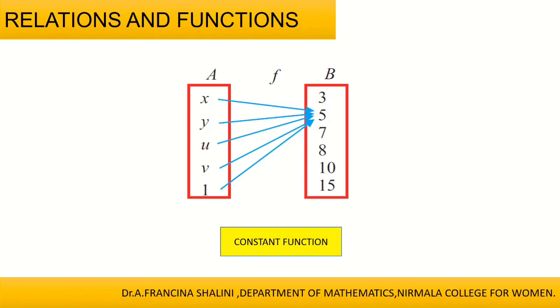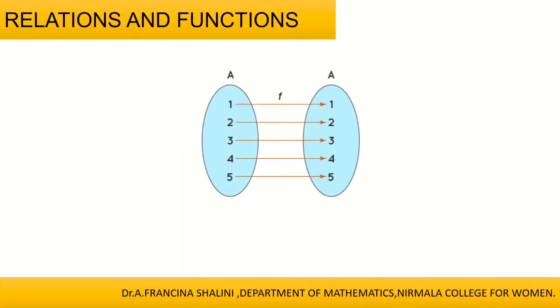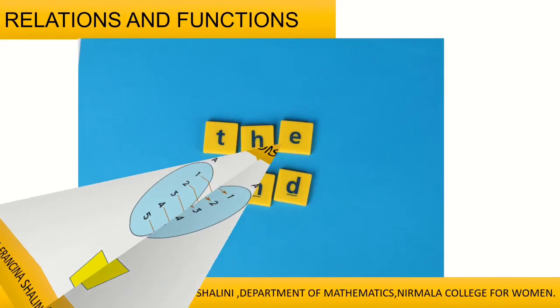So all the elements of A are mapped onto a single element in B, and we call it as a constant function. And then finally we name another function which is called as an identity function, and here the set A has the same elements as set A is mapped on. When set A has 1, 2, 3, 4, 5, it is mapped on to the same elements in the set A, which is 1, 2, 3, 4 and 5, and we call it as an identity function.